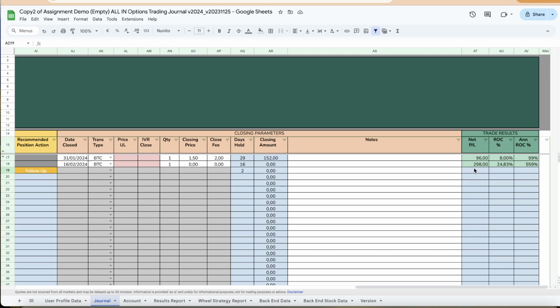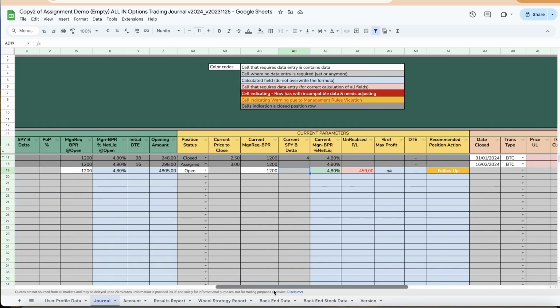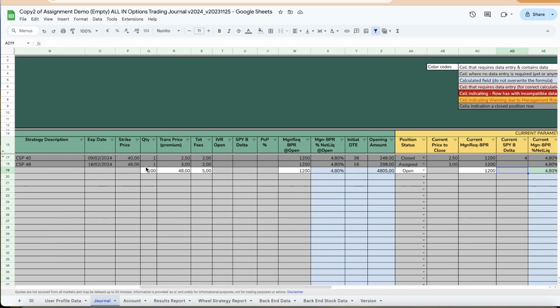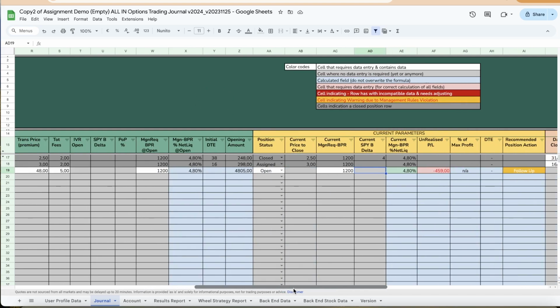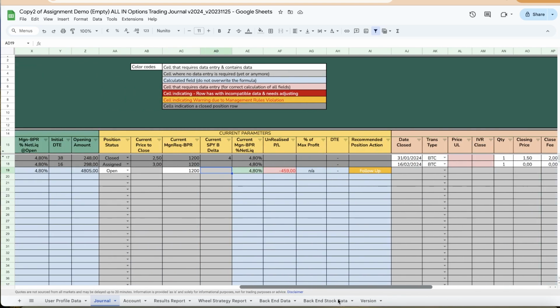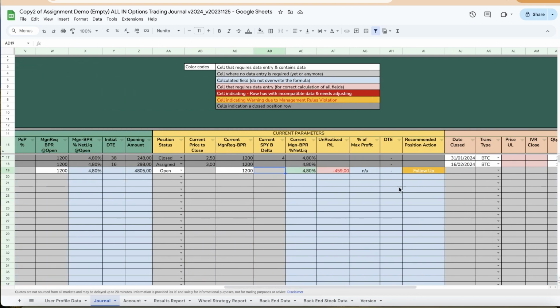Knowing that you have received a premium of $3, I believe it was. How much is it here? Yes, $3. That means with a strike price of 48 that your break even is at $45. With the share price at this moment being around 43, you are in a losing position with your shares and you are $159 below your break even.